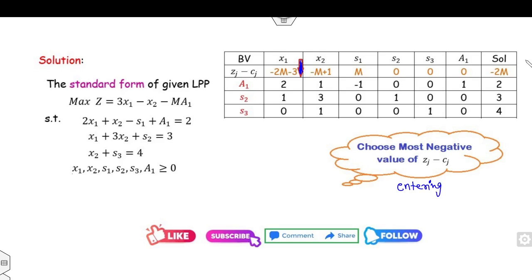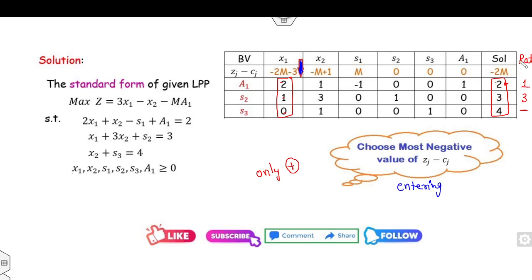Once you put the arrow, find the ratio. How can you find the ratio? Look at the solution column and the entering variable column. Find the ratio of only those terms in this column which have a positive value, like 2 divided by 2, 1. 3 divided by 1. Because it is not a positive number, it's a 0, you can't find the ratio.